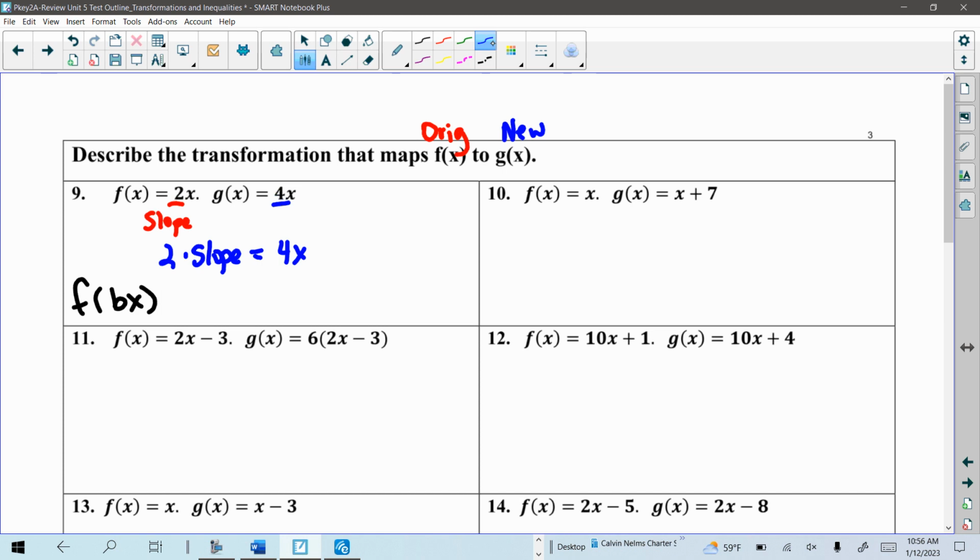To describe the transformation that maps to g sub x, I got g sub x by doing f of 2x, because I did 2 times 2 to get the 4x. So anytime I'm multiplying, it's getting steeper.